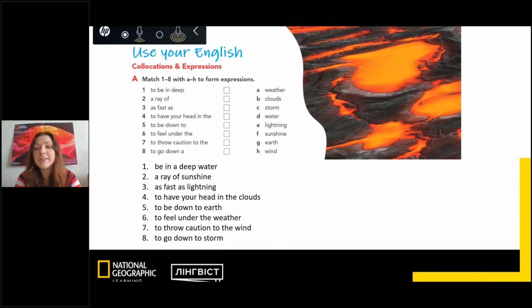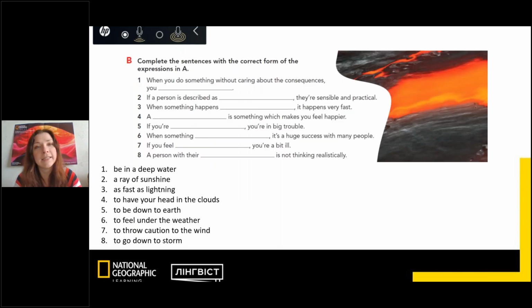They don't mean literally what you can read here. So when you say be in deep water, it doesn't mean that now we are in the water. It means something else. Let's have a look at the sentences that explain the meaning of each phrase and decide. You don't need to write it to me if it's not convenient for you now.